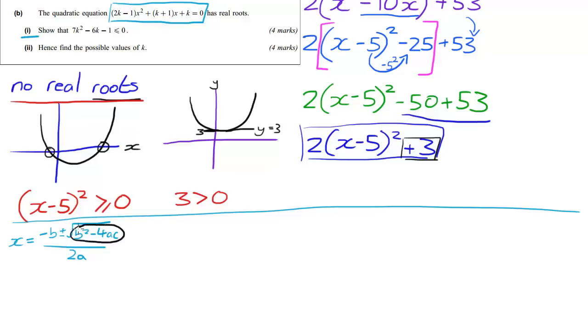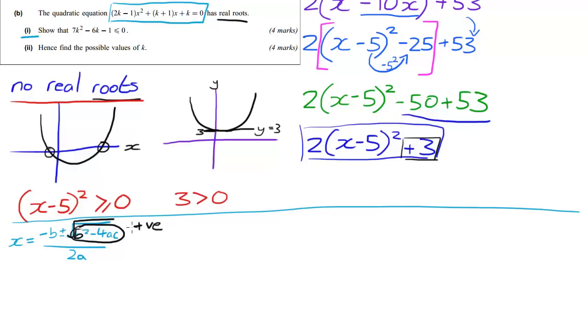This is a b, sorry, I've confused myself there. So this is just a b there. So what we are saying here, by saying it has real roots, is that under this square root, this is positive.